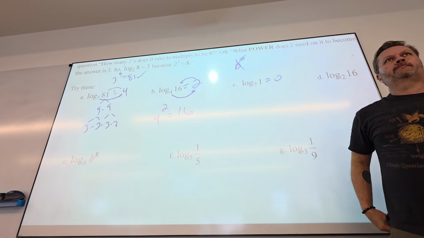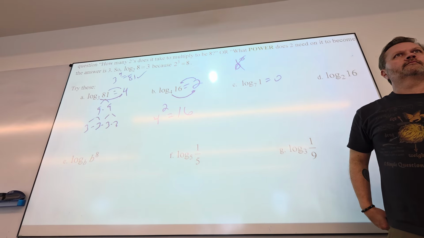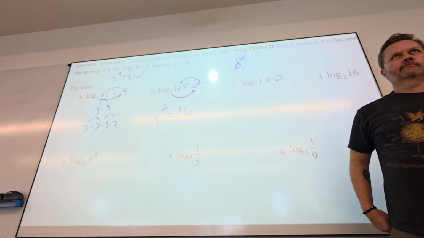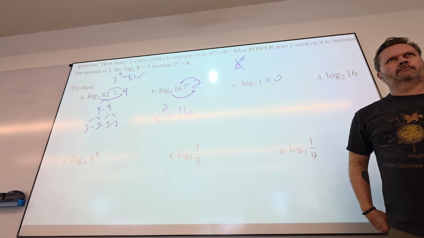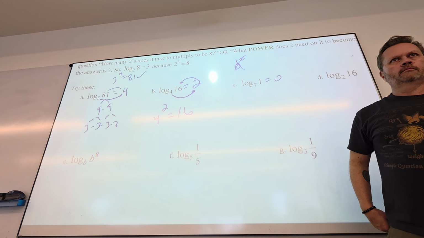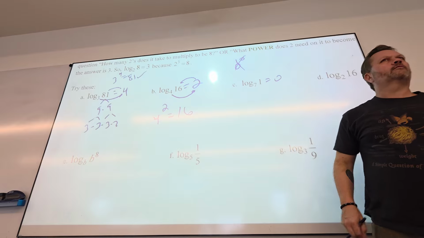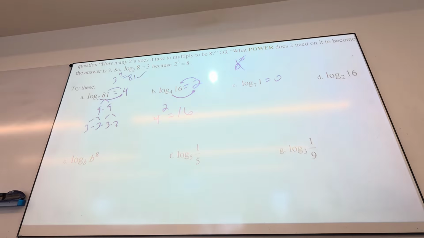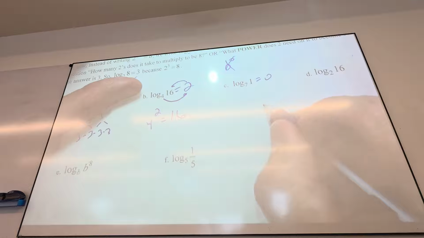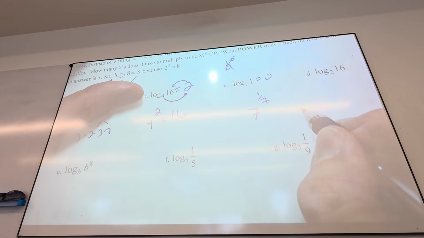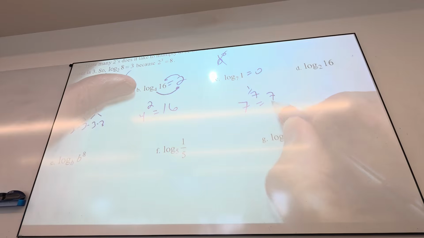I overcomplicated it for myself when I looked at it, but couldn't it also be 1 over 7? If I put a 1/7 there, that would mean 7 to the 1/7. And that would just be the 7th root of 7.